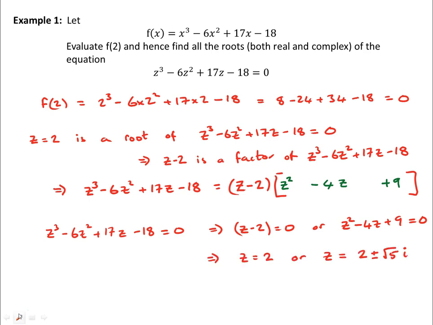So that tells me that either I've got z equals 2 or I've got z squared minus 4z plus 9 equals 0, and I can use any of my normal means of solving a quadratic equation to deduce that that gives me z equals 2 plus or minus root 5i.